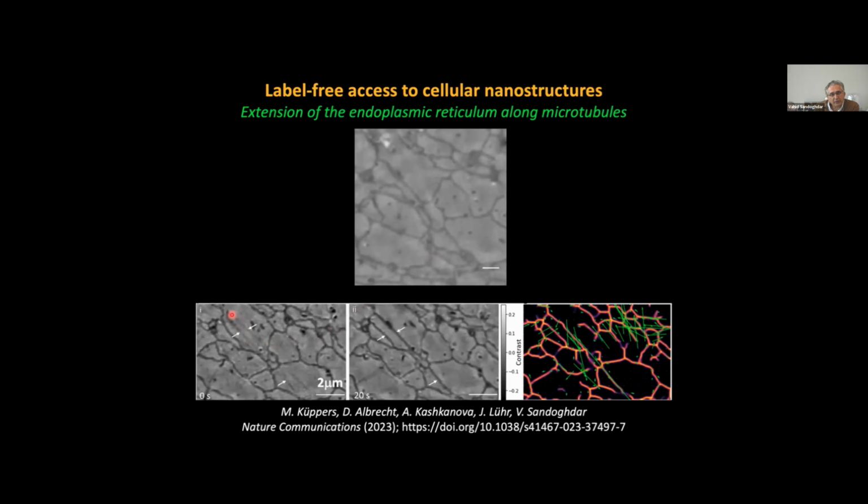Now here is, for example, a microtubule, and the ER runs on the microtubule. This is a phenomenon that is known, so we can watch all of these things without having to label them with fluorescence. And of course, once you do that, you can also analyze the dynamics of all of these things.